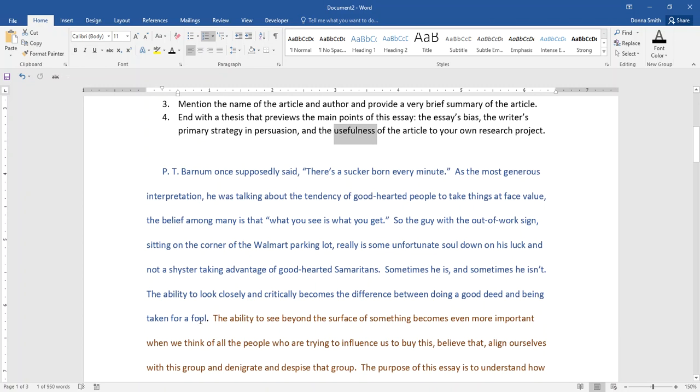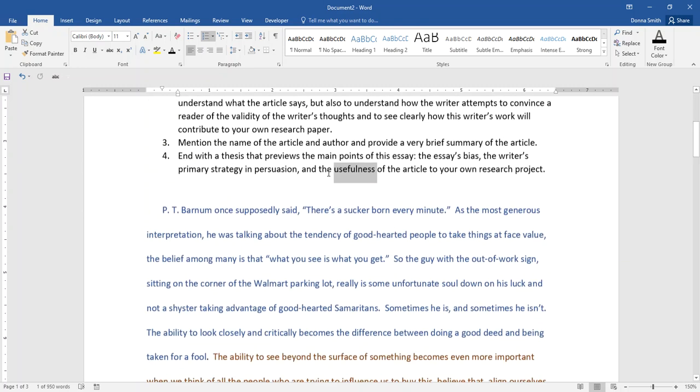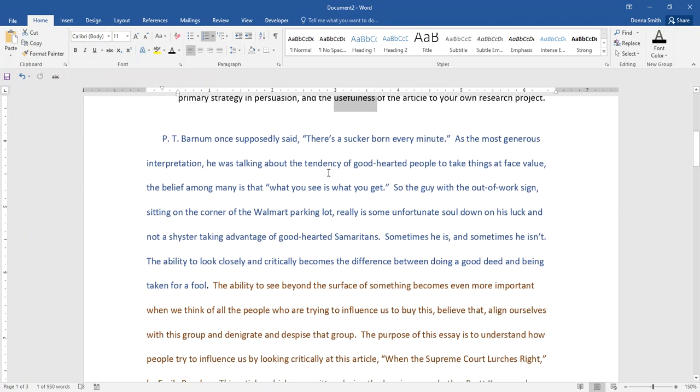This first part is going to be the attention getting device that tries to get the reader ready for what's coming. So P.T. Barnum once supposedly said, "There's a sucker born every minute." As the most generous interpretation, he was talking about the tendency of good-hearted people to take things at face value. The belief among many is that what you see is what you get.